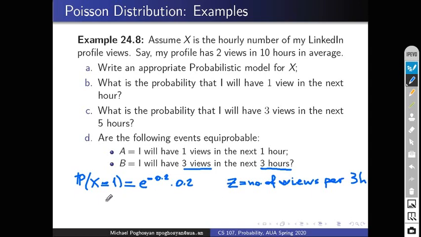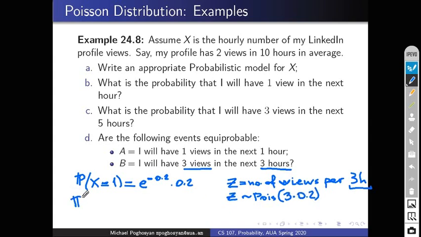So Z will be a random variable which follows Poisson distribution, but with parameter 3 times that 0.2. The average number of page views per 3 hours is 3 times 0.2. So this will give Poisson 0.6 for Z.